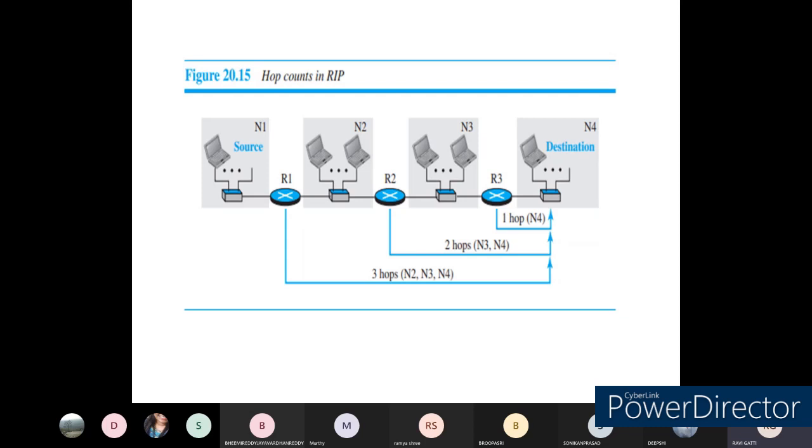You can see here, in this RIP protocol, the maximum path count is 15, which means that 16 is considered an infinity loop. There are 15 hop counts here.